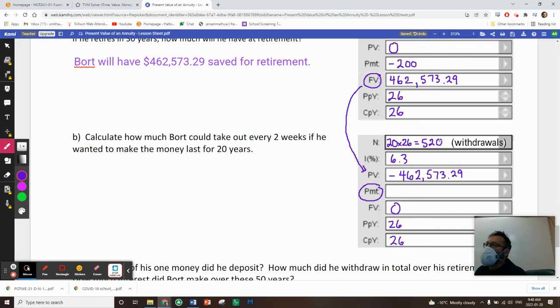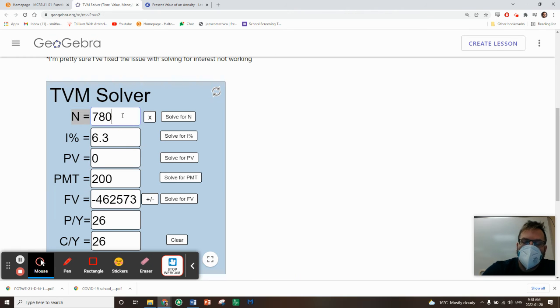Once you guys get that bi-weekly withdrawal, we're going to finally compare and see how much interest Bort made over his 50 years of working and then living off of that money. That's 462,573, what were the cents? 29.